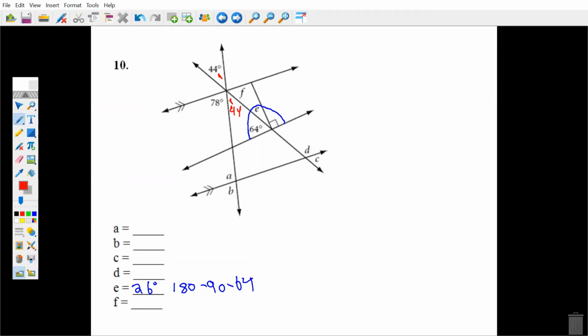So now to find F, I can see that 78, 44, and F make 180 degrees. 180 minus 78 minus 44. Calculate that. 58 degrees. Okay.